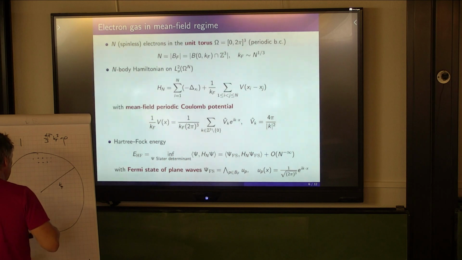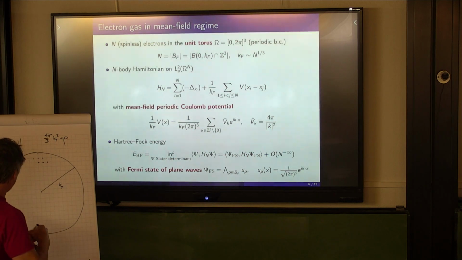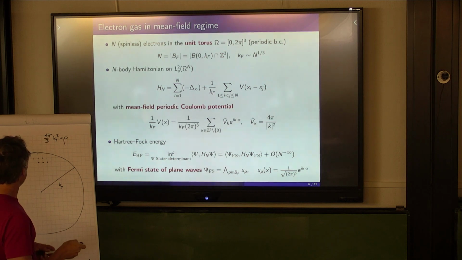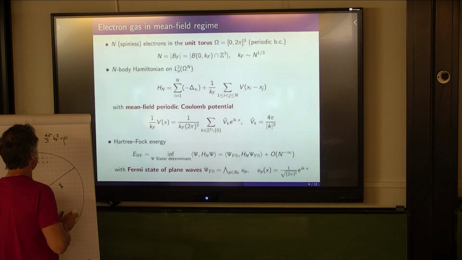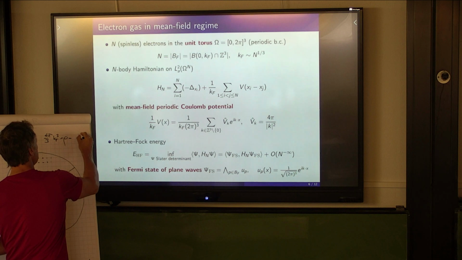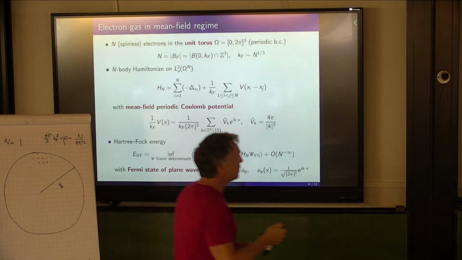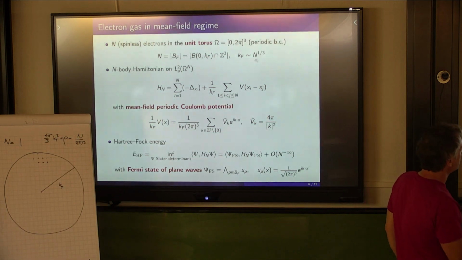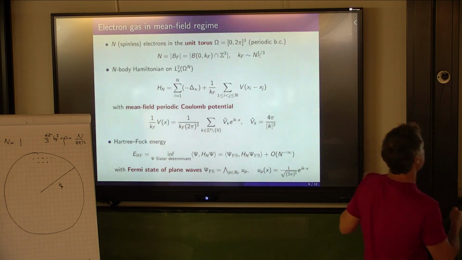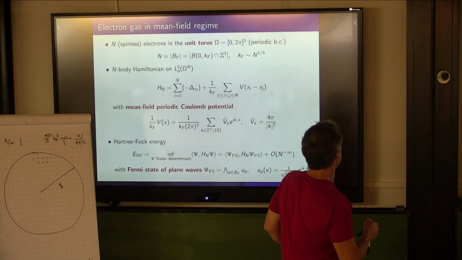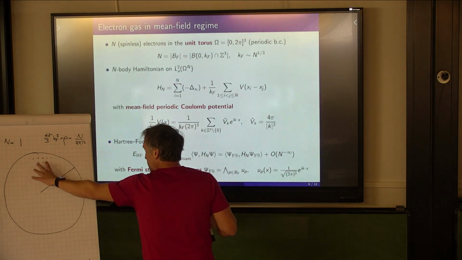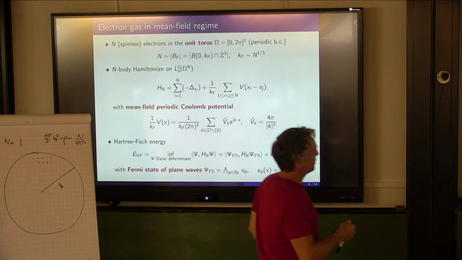Now, of course, you count the points inside, so to leading order, rho is equal to n over (2 pi) cubed. So kF goes like n to the 1/3. But for technical reasons, it's important that we choose n so that you fill the whole thing.